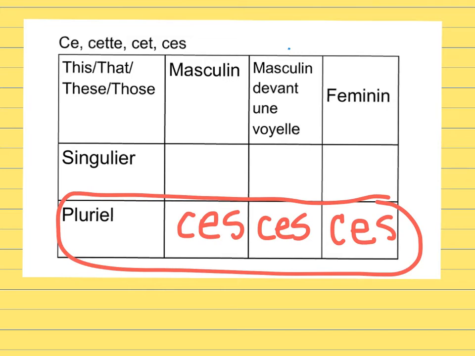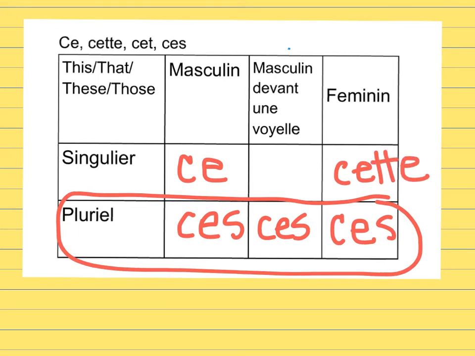Which one do you think would be the masculine form? Hopefully you see that cette looks like something feminine. But if not, let me tell you that ce is the masculine form. Cette is the feminine form.